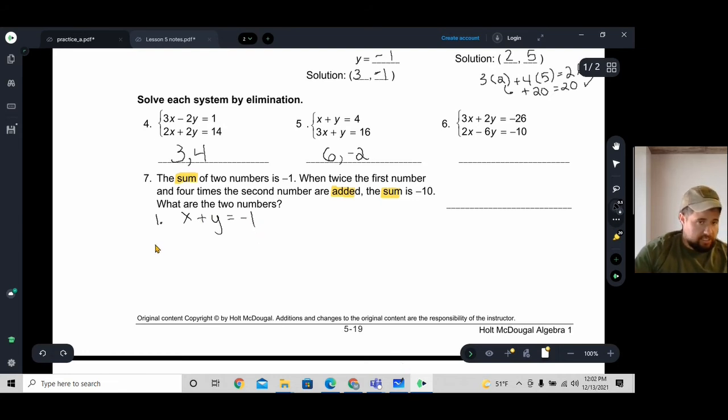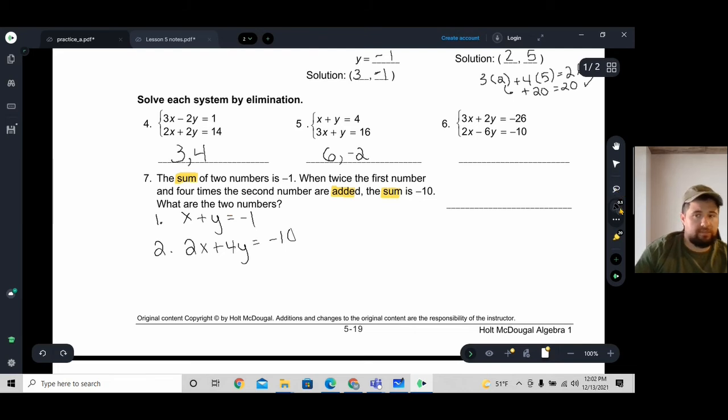Our second equation tells us twice the first. So we're going to say x is the first number. So 2x, 4 times the second, plus 4y equals negative 10. Now, if you notice, I do not have two offsetting variables, but I have an x and I've got my 2x.